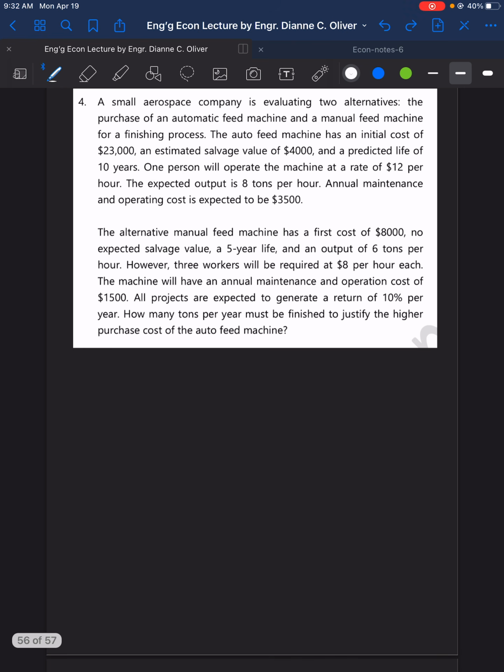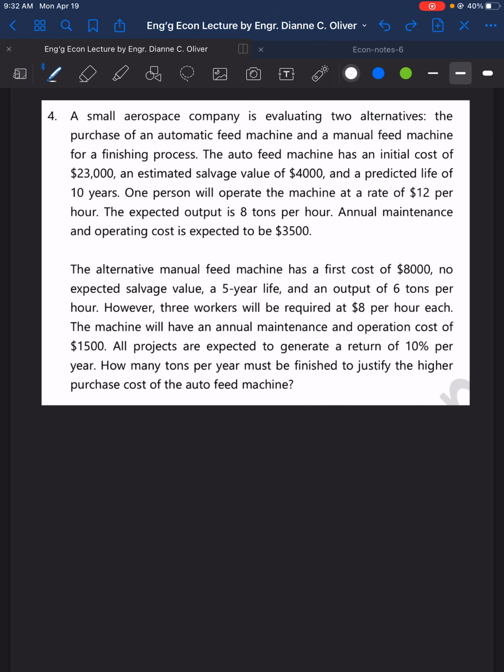Okay, so for number 4, let's solve this. Again, let's make it consistent. Are we going to solve it monthly or are we solving it as yearly? Okay, so let's check. So the life of the machine is 10 years. And the output here is 8 tons per hour.